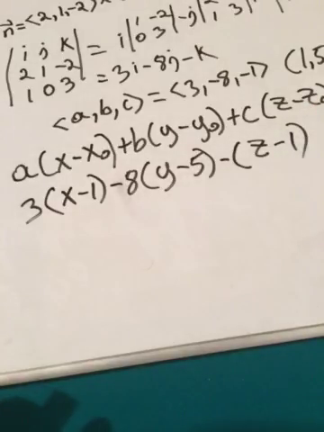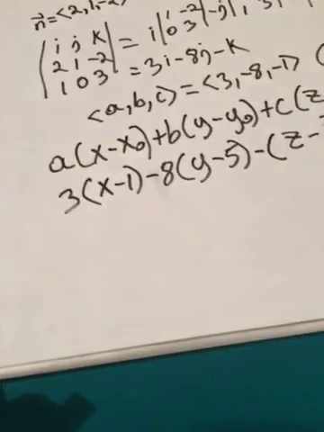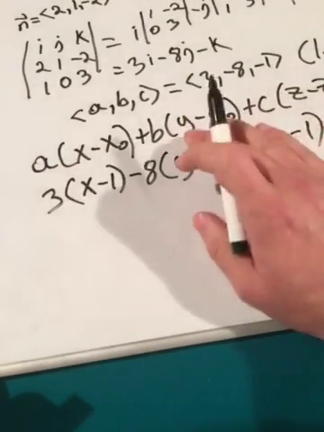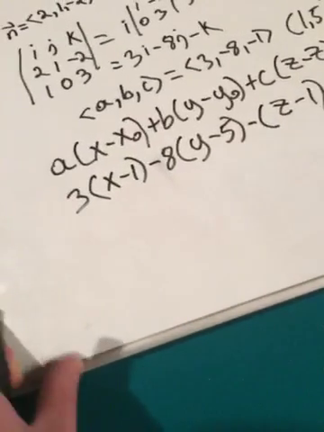And there you go. I should have said, this equation we originally had, a times x minus x naught plus b times y minus y naught plus c times z minus z naught, is equal to 0. That's the standard equation of a plane.